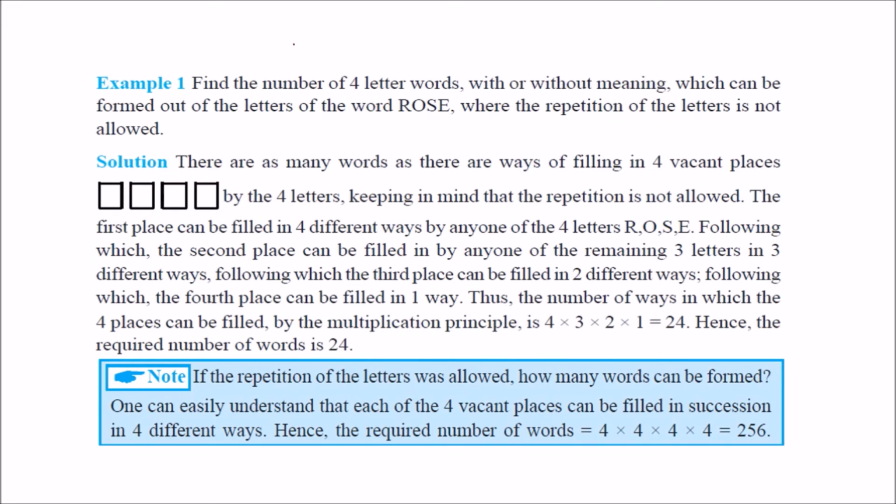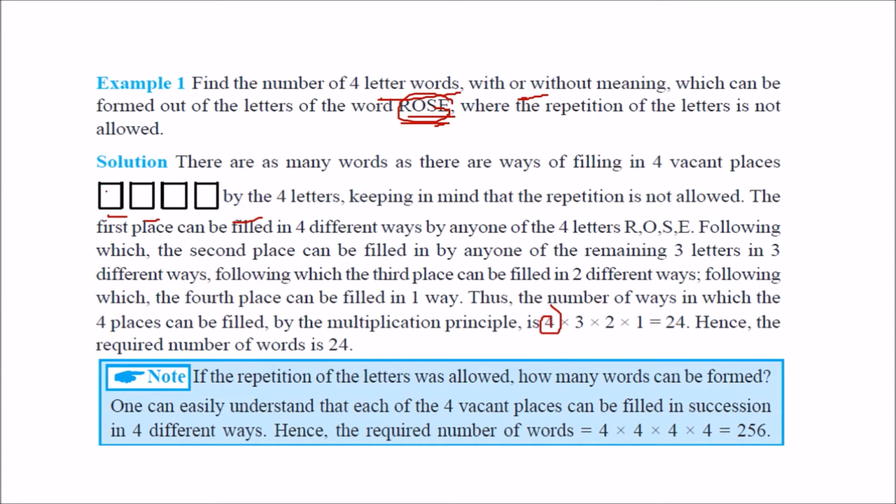For example, we need to find out the number of 4-letter words which can be made from ROSE, with or without meaning, where repetition of letters is not allowed. So what we can do here is make 4 boxes. Any of these can be chosen in 4 ways.